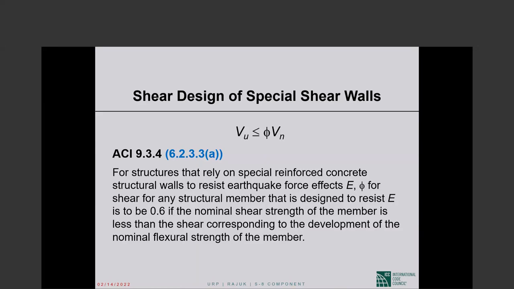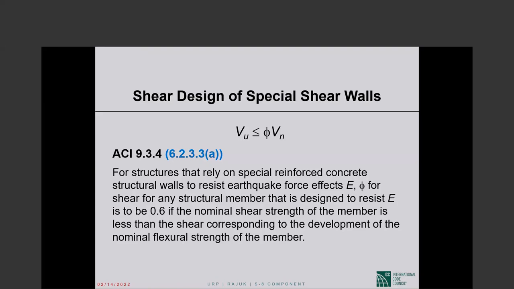So roughly speaking, if the total height to total length ratio of a shear wall is less than 1, it definitely will fail in shear before it has a chance to fail in flexure. Up to 1.5, you have no assurance that it will not fail in shear before it has a chance to fail in flexure.